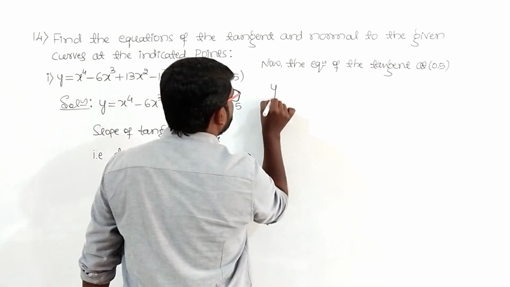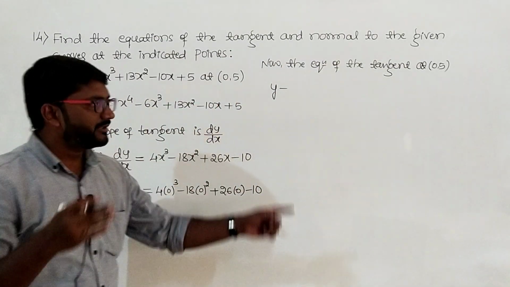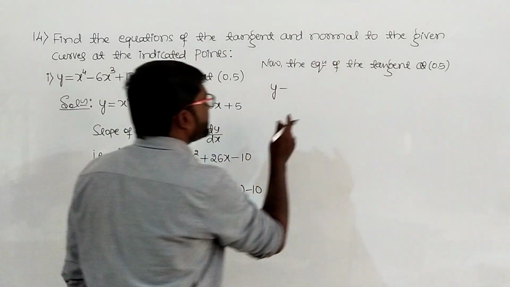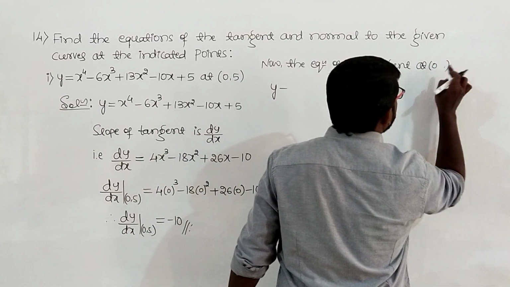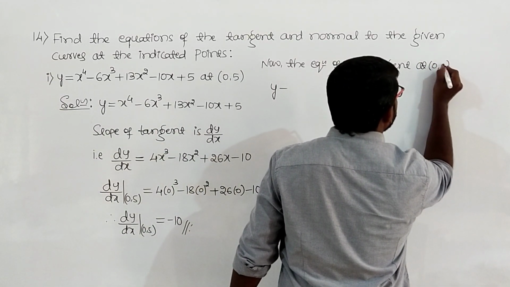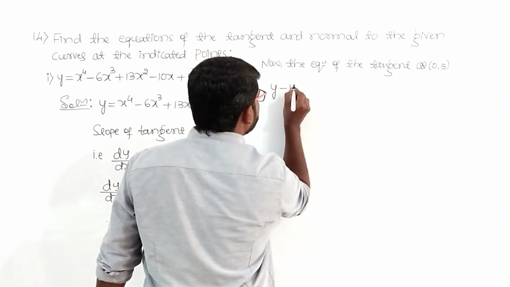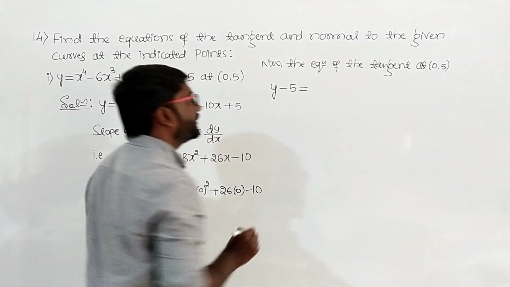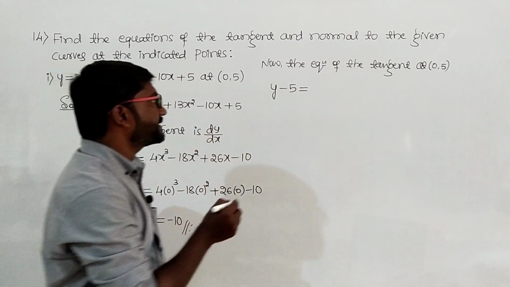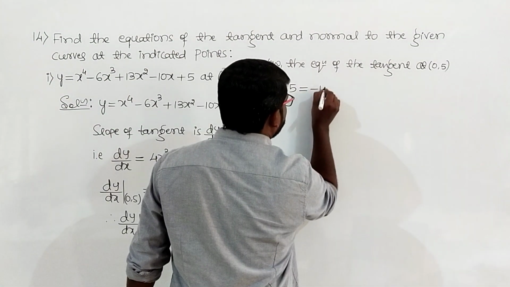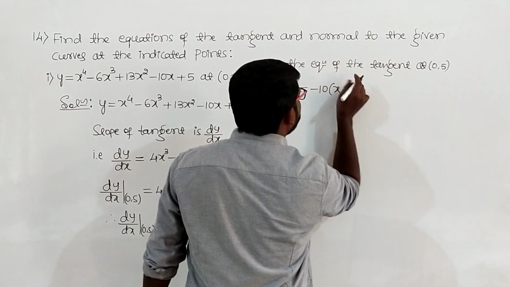So it is y minus y naught. What is y naught? It is 5. So y minus 5 equals the slope of the tangent at 0 comma 5, it is minus 10. This is f dash of x naught. Minus 10 into x minus x naught.